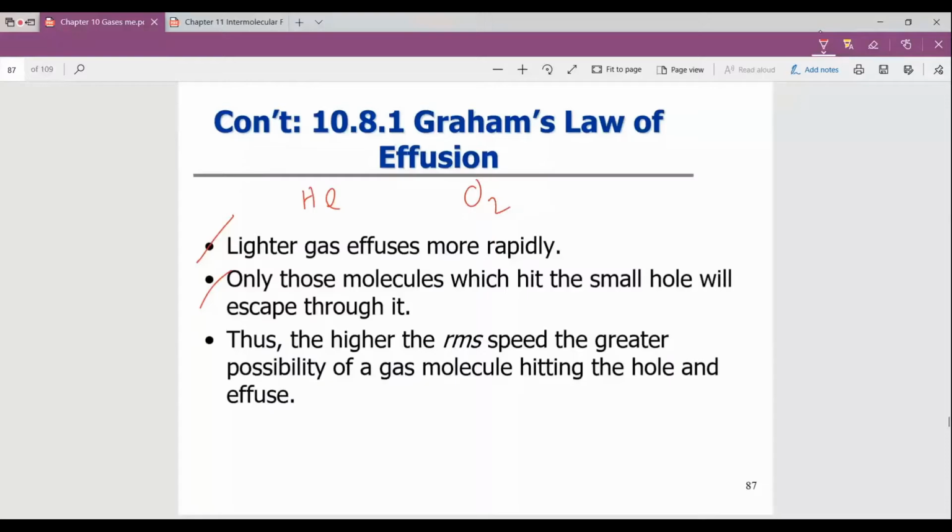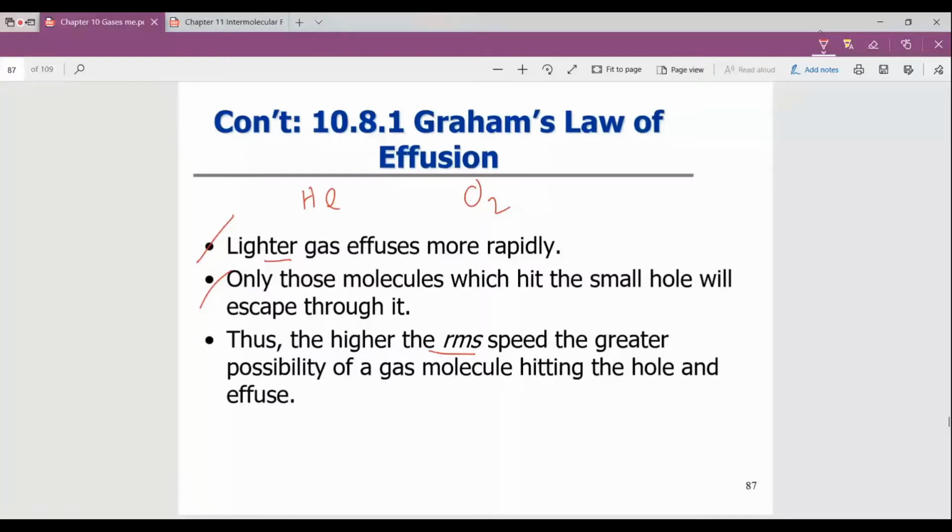When a gas molecule collides with the wall of the container, it will escape through a tiny hole. The lighter the molecule, the higher the RMS speed peak.